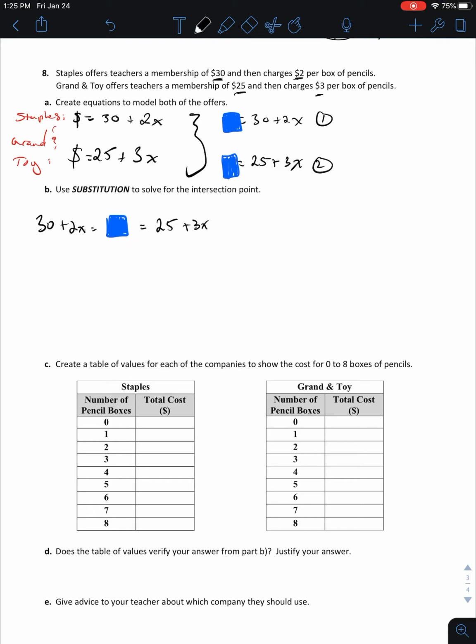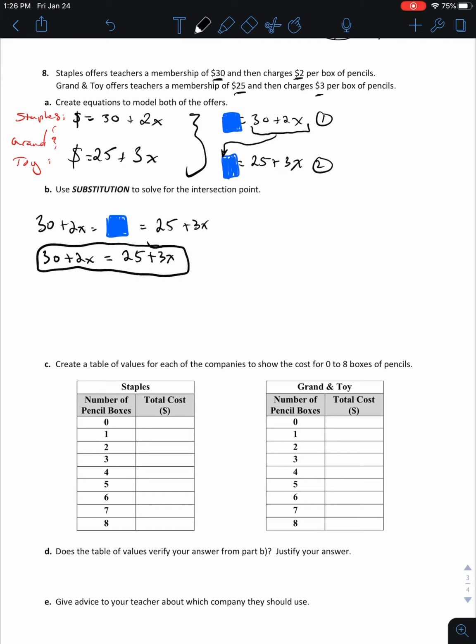So the blue box is acting as a placeholder. If y, or the blue box, is equal to this, then why can't I take it and replace it where the blue box or the y is? So the next step is going to be 30 plus 2x is equal to 25 plus 3x.